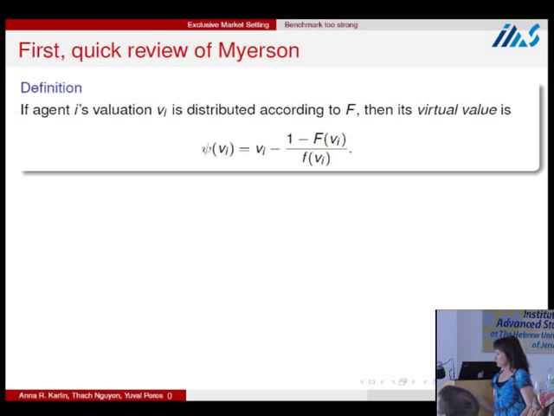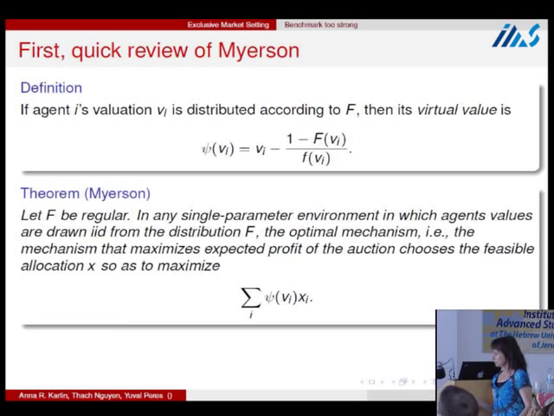So as you probably all know, Myerson defines this notion of virtual values, which sort of shifts the values down by some function that depends on the prior. And then the optimal mechanism, at least for regular distributions, is to simply find the feasible set that maximizes the sum of virtual values.